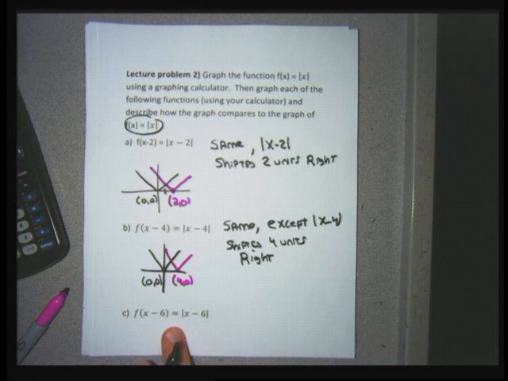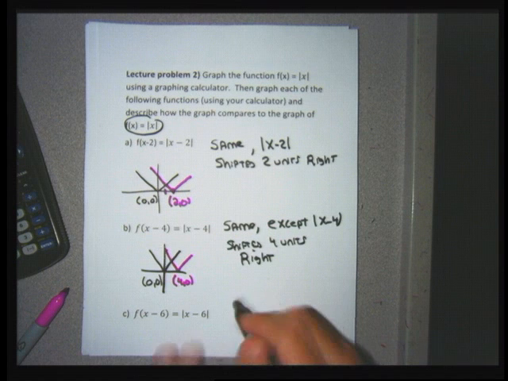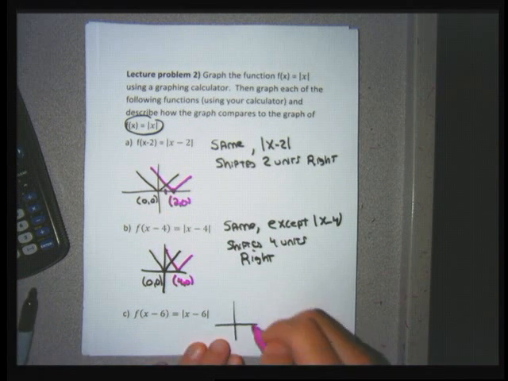Hopefully you could predict the answer to part C, and hopefully you can maybe even sketch a crude graph of the absolute value of x minus 6 without even using your calculator. So hopefully you are starting to see some connections to these problems.